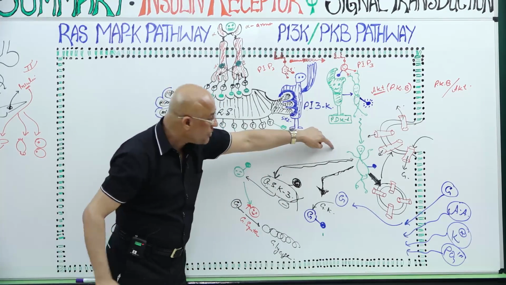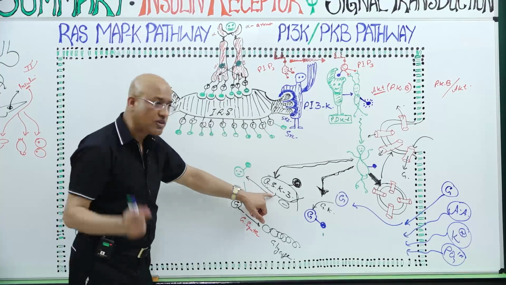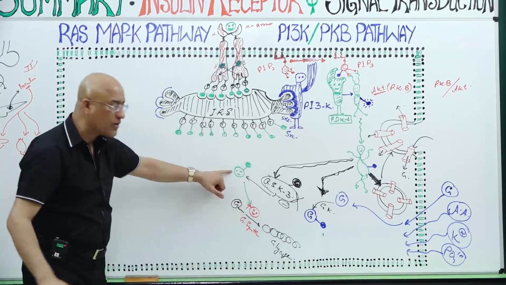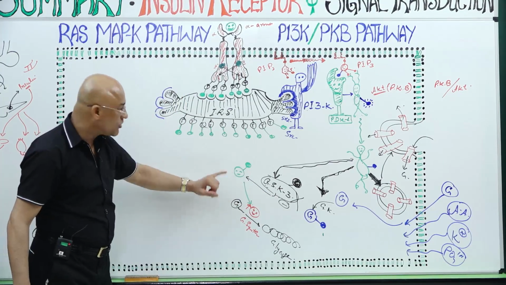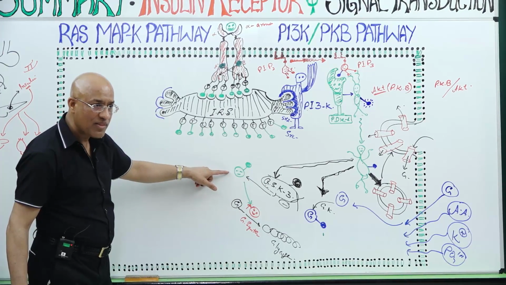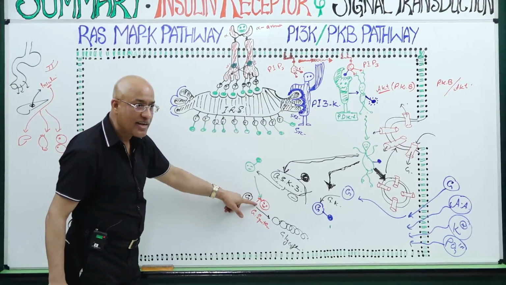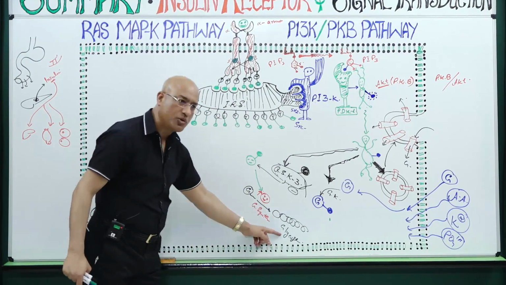So Akt basically disables GSK3. When GSK3 is disabled, can it phosphorylate GS? No. So it is unable to phosphorylate glycogen synthase. And now glycogen synthase, which is not phosphorylated, will start converting glucose into glycogen.